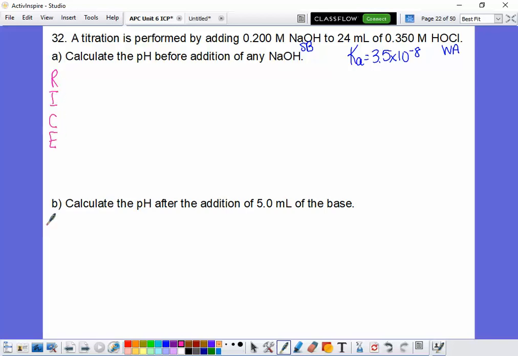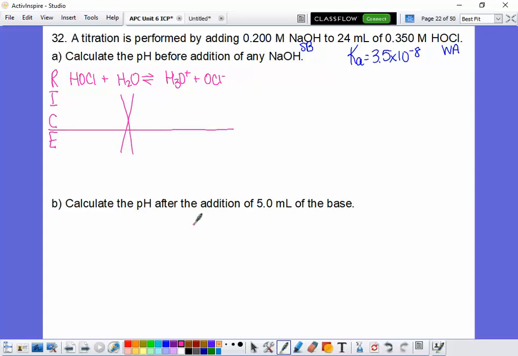Our reaction is going to be our weak acid reacting with water, and remember, always for RICE tables, it's an equilibrium arrow. What are our products? H3O plus and OCl minus. We don't care about the amount of water.